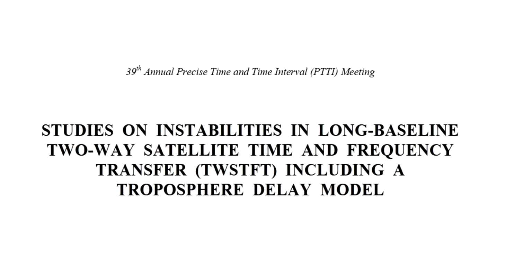45. A 2007 study found on the U.S. Navy website titled Studies on Instabilities in Long Baseline Two-Way Satellite Time and Frequency Transfer, including a Troposphere Delay Model, performed by researchers from PTB, NICT, and KRISS, investigated sub-nanosecond diurnal phase variations affecting long baseline two-way satellite time and frequency transfers.